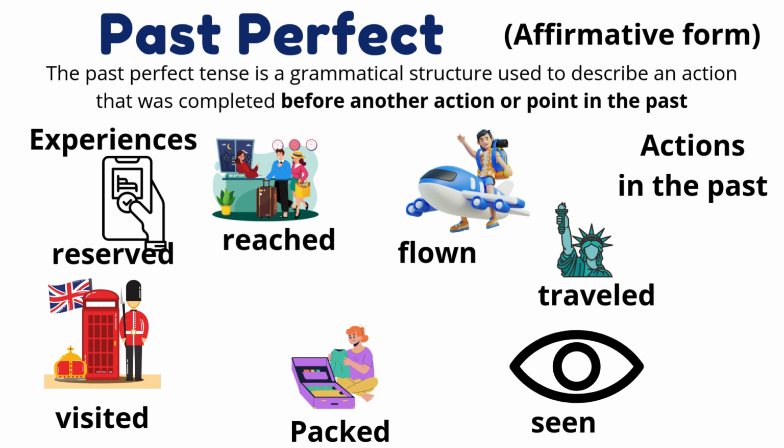For example: reserved, reached, flown, traveled, seen, packed, and visited. The past perfect tense is a grammatical structure used to describe an action that was completed before another action or point in the past.